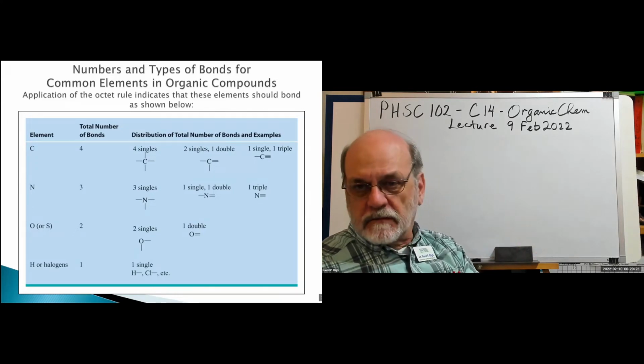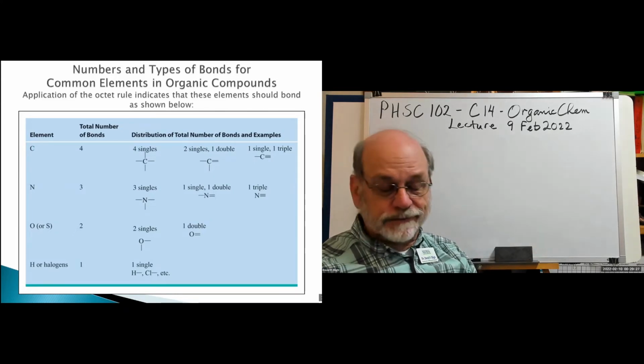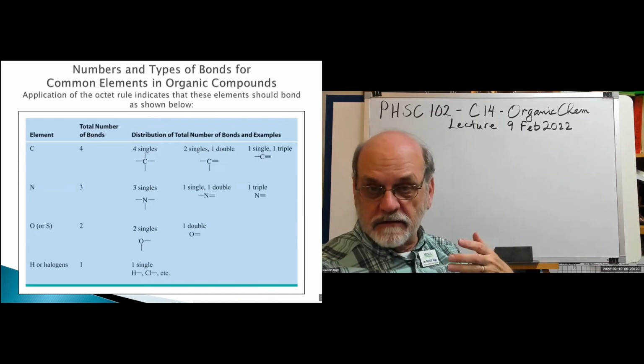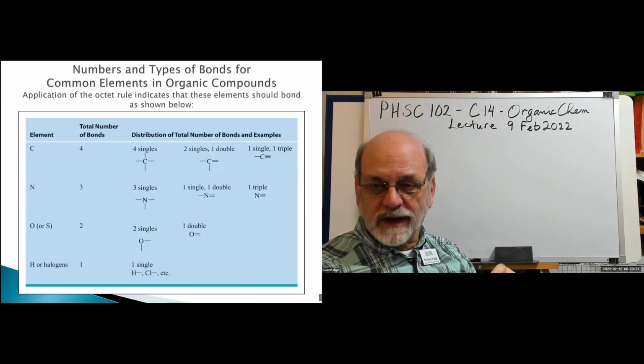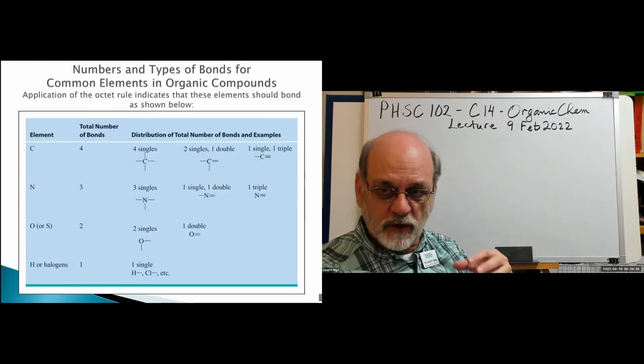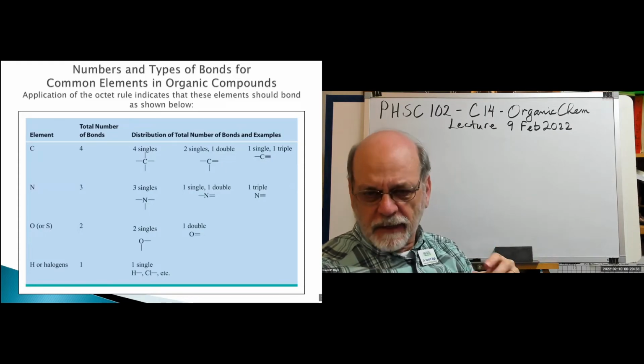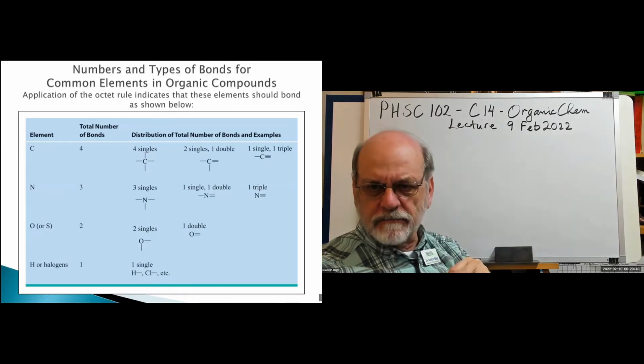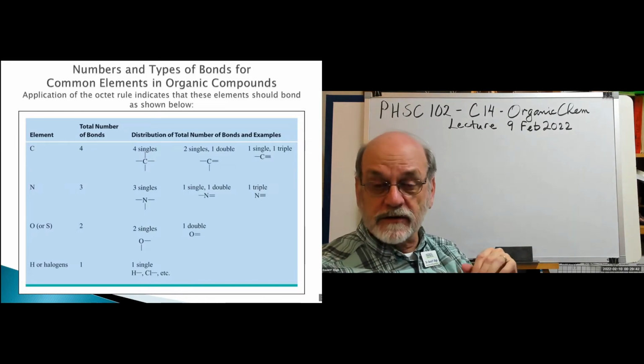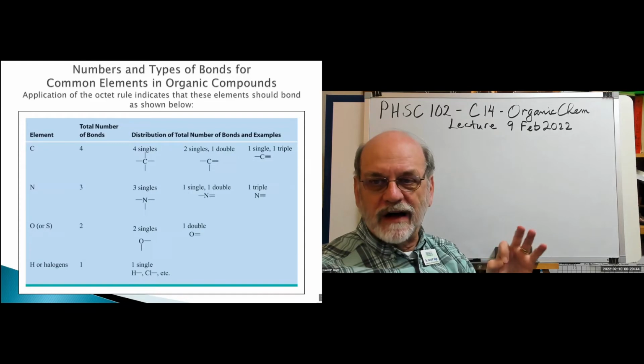Now, more advanced study of organic chemistry will allow you to reduce those number of bonds and for other purposes. But at this point, the most stable compounds always have 4 bonds to the carbon.